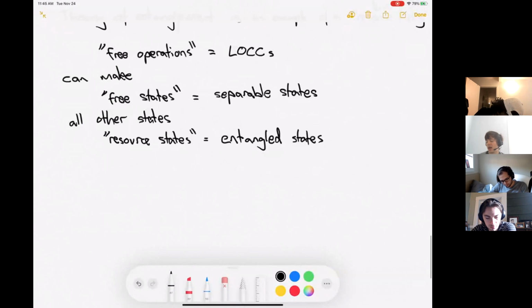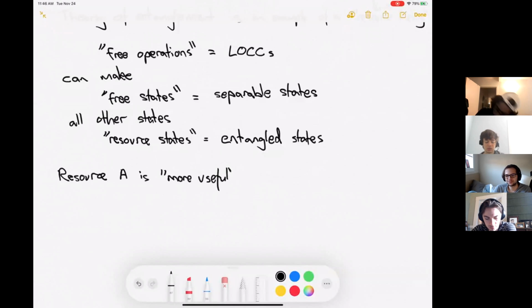And then we can compare different resources, so different entangled states, to one another by saying that some resource state A is necessarily more useful, or more precisely, at least as useful, as resource B, some other state.